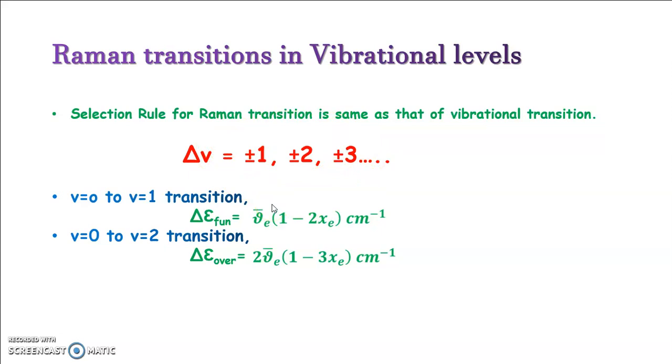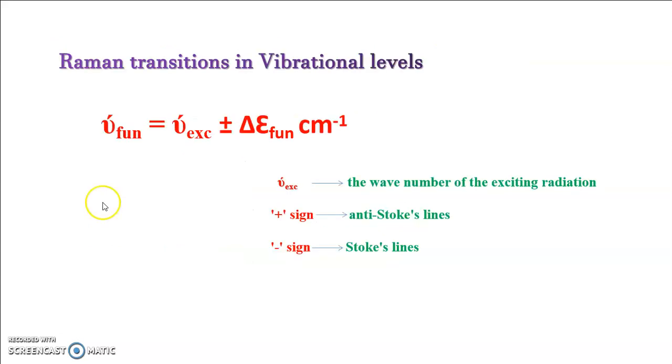As the Raman scattering is weak for overtones, we will focus on the fundamental transition only. That is, we are considering only the transition from v equal to 0 to v equal to 1 energy level.